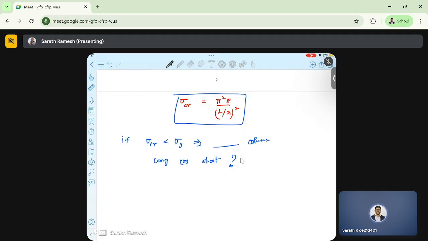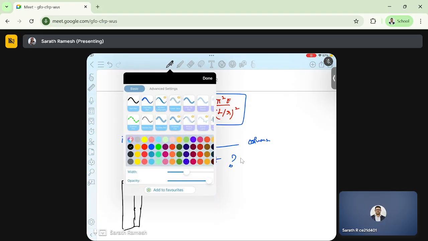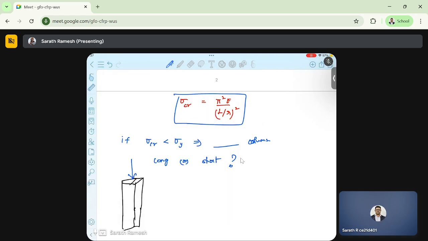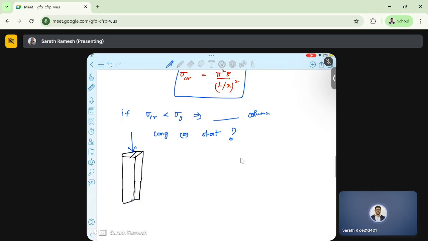Suppose we have a column like this, and if there is some load applied. So far, before this week's lecture, whatever we have seen is this can induce uniaxial stress, and each material has something called yield stress.